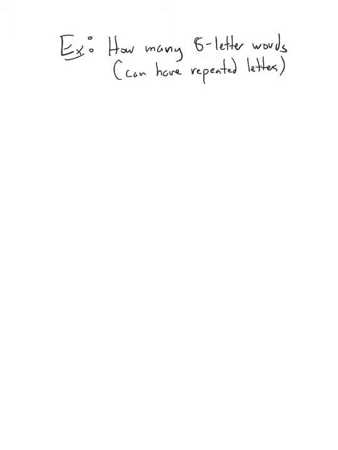So our choices are independent of each other. Choosing something doesn't preclude a choice later down the road. So the first thing is, well, that has exactly 3 vowels.